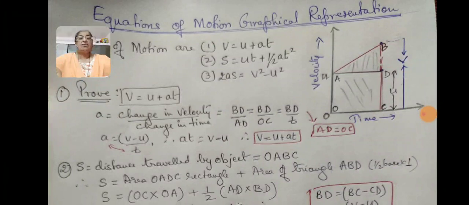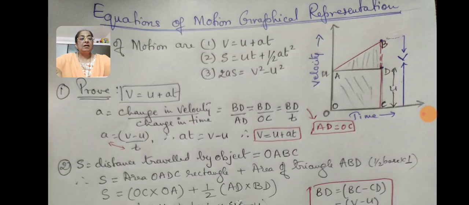But we need to prove all these three equations. In physics we say derivations. And how to prove? First of all, we'll plot the graph. You can see the velocity time graph.